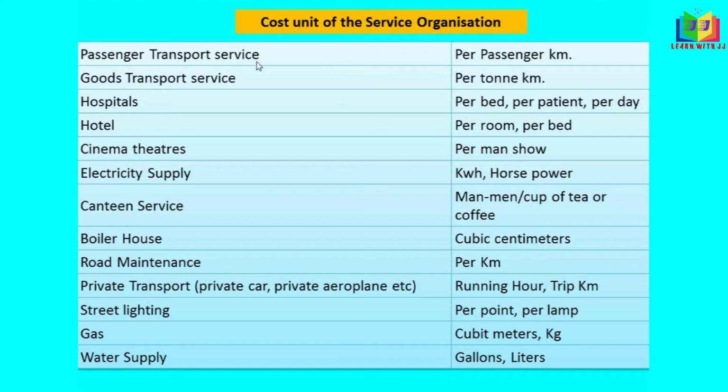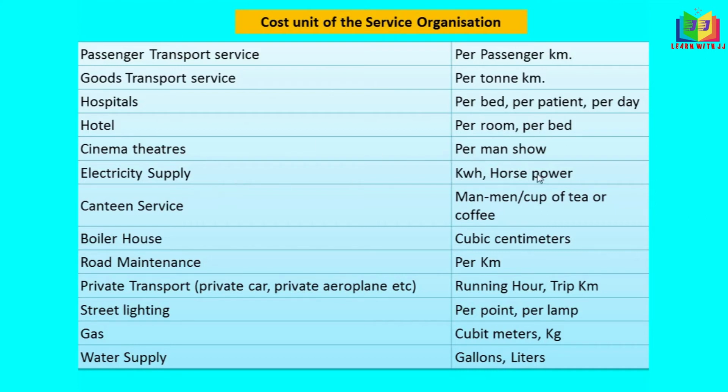For passenger transport service, the cost per passenger kilometer will be ascertained. For goods transport service, the cost per ton kilometer. For hospital, per bed, per patient or per day. For hotel, per room or per bed. For cinema theatre, per man show.